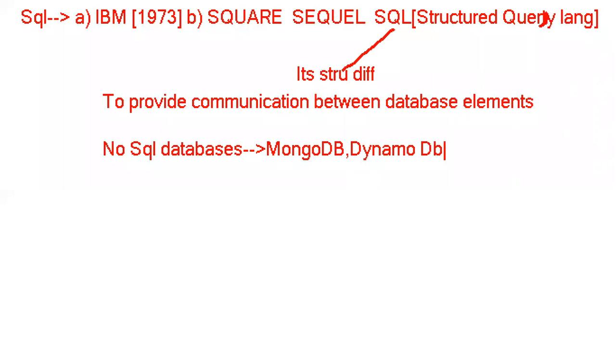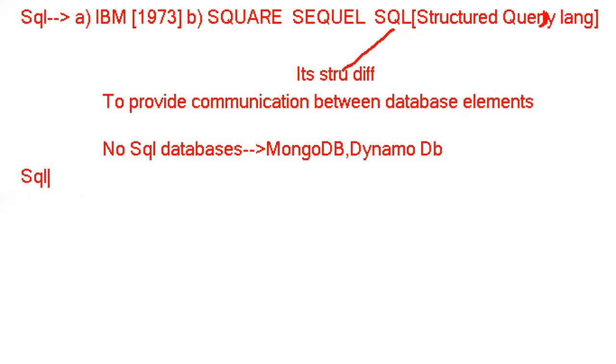Got it? If you speak about SQL databases, immediately there will be a question: tell me some of the NoSQL databases. MongoDB, DynamoDB. And our MSBI, our Power BI, has the capability to work with these NoSQL databases. How do you work with it? That's a different story. So first, SQL and NoSQL. Hope this point is clear.